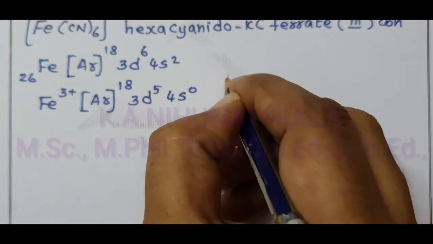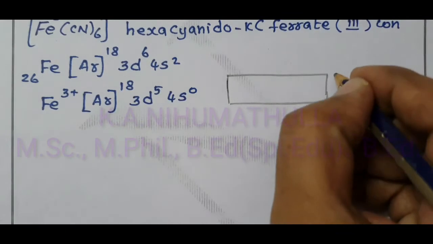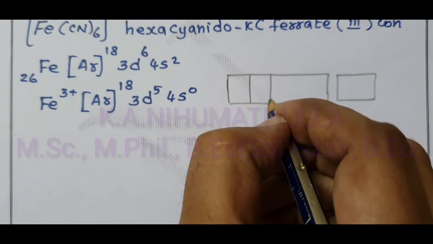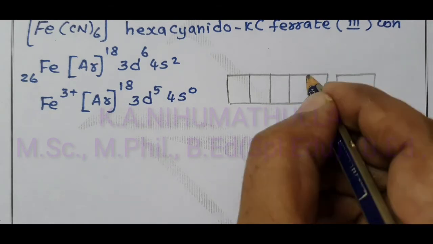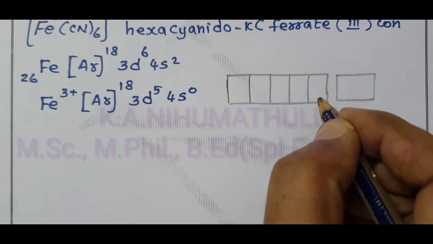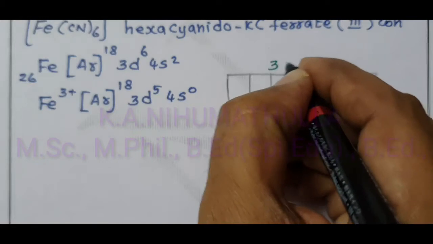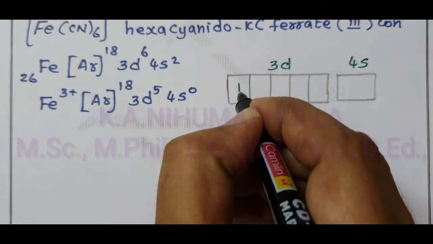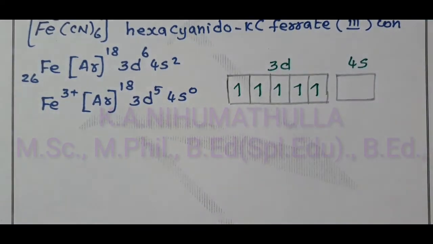After writing this, now I am going to fill up the 5 electrons in the d orbitals, first in the isotropic field or ligand field. We know there are 5 orientations of d orbital: dxy, dyz, dxz, dx²-y² and dz². There are 5 orientations of d orbital and here you have the 4s orbital. How many electrons do we have? 5 electrons, so fill the 5 electrons: 1, 2, 3, 4, 5. 3d5.